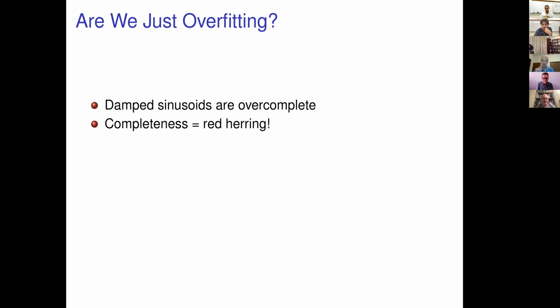First of all, I'm going to argue that this idea of completeness is a red herring. The reason is quasi-normal modes arise as an asymptotic expansion. Basically, you can take any wave equation, meaning that effective potential equation I wrote down for the perturbations, the V of R. If you have any equation of that form, provided the V of R satisfies some suitable fall-off conditions at infinity, then when you look at the Green's function, there will be an asymptotic expansion.